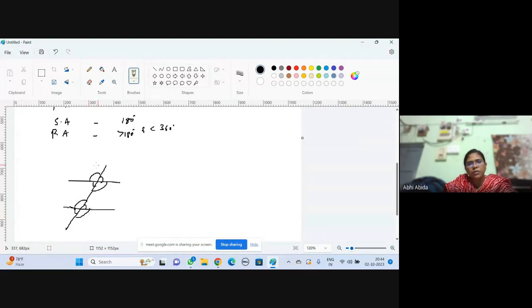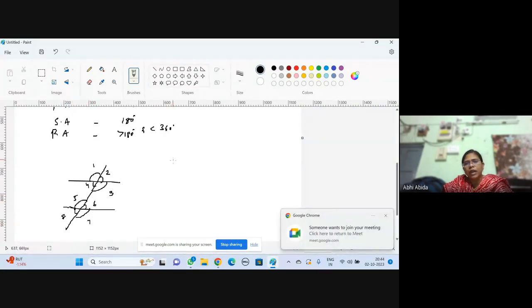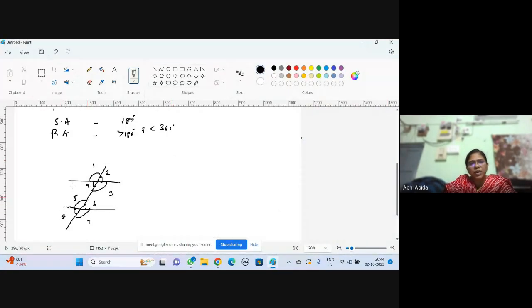If you observe this cleanly, I have drawn one big angle and one small angle. So angle 1, angle 2, angle 3, angle 4, angle 5, angle 6, angle 7, and angle 8. The simple thing to remember for the angles concept: in this figure there are many types of angles called corresponding angles, adjacent angles, interior angles, exterior angles, vertically opposite angles, right?